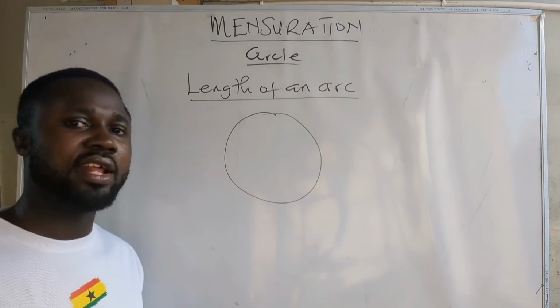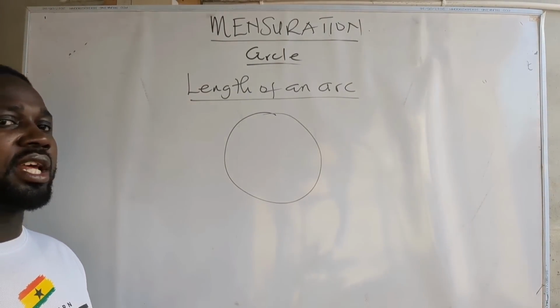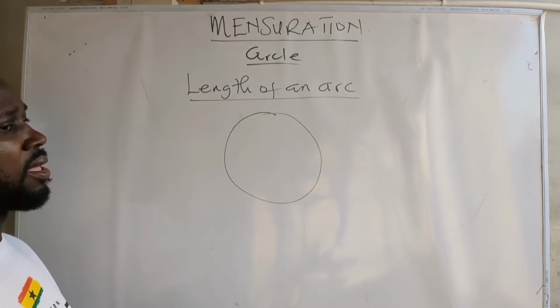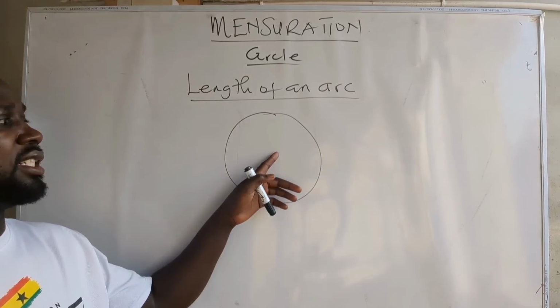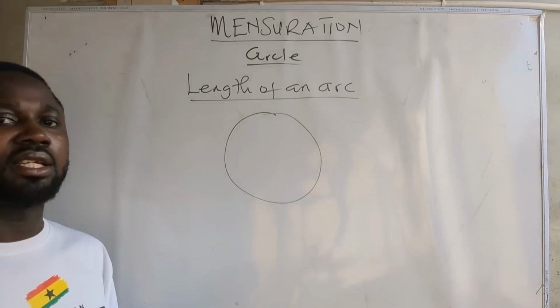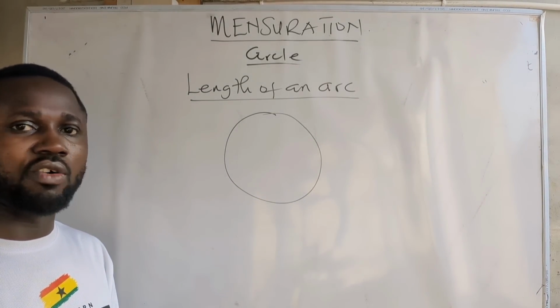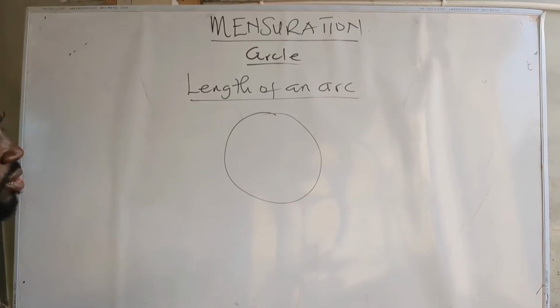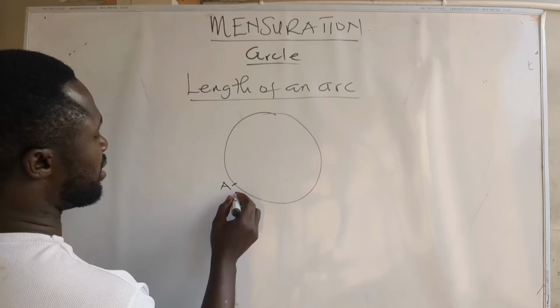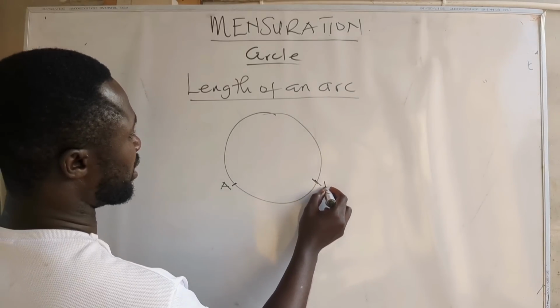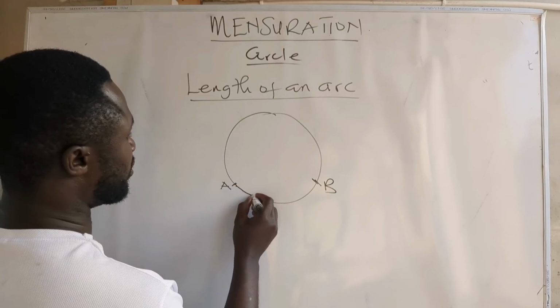The length of the arc is proportional to the angle the arc subtends at the center of the circle. So if I have an arc here, let's say this is my arc AB, from here to here.